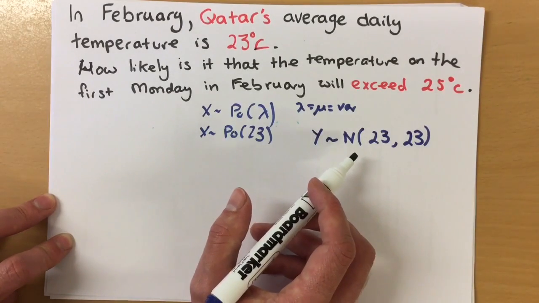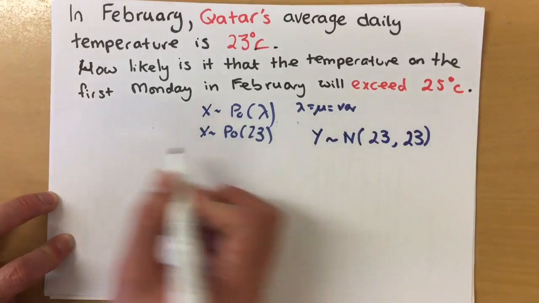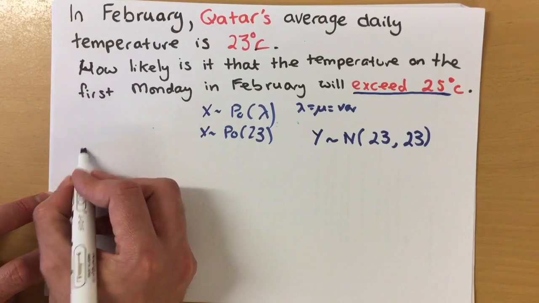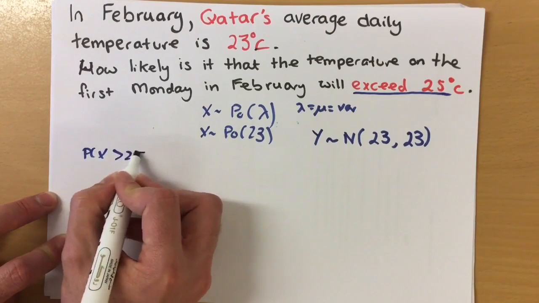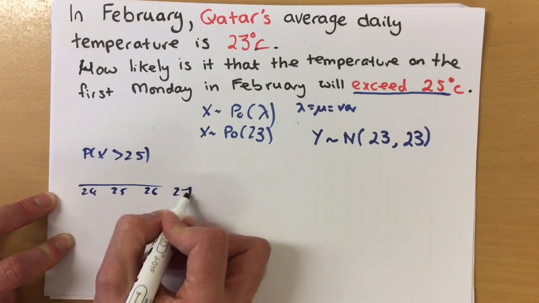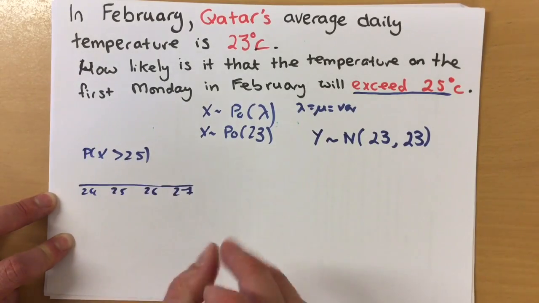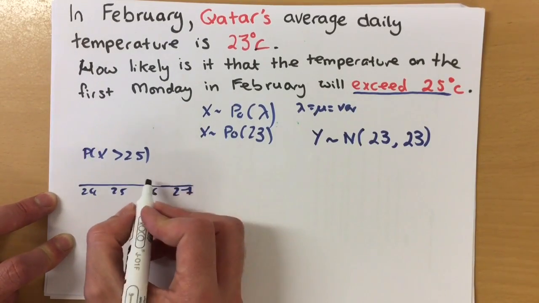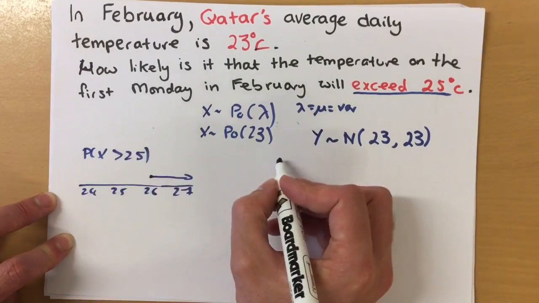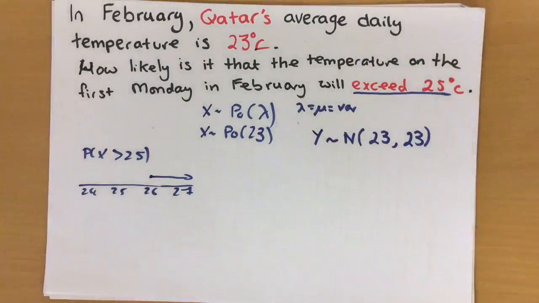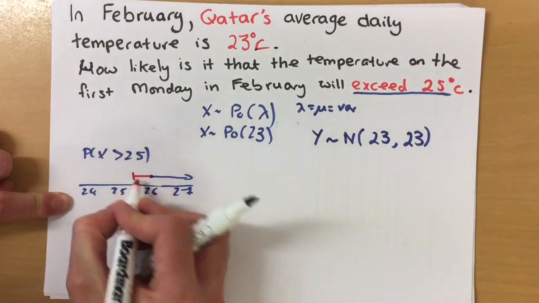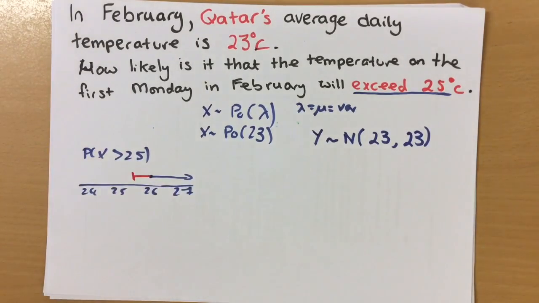So the first thing we need to do is look at our probability. So we want to find the temperature that exceeds 25. So if I take the probability that x is bigger than 25 on a number line, so 24, 25, 26, 27, bigger than 25, not including it, so we're looking at 26 upwards, which means with a slight continuity correction, when it's continuous, 25.5 upwards is what we want.